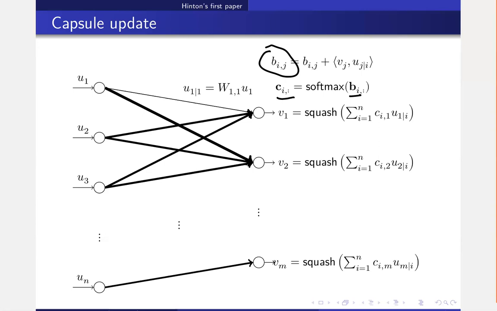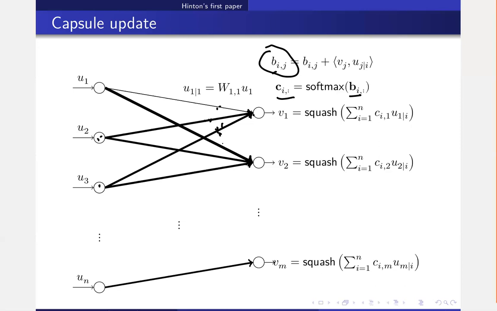So for example, once we have updated b_ij here, out of these several branches, these two child capsules look more similar to this parent than this one. Therefore these two will have a higher weight, right?